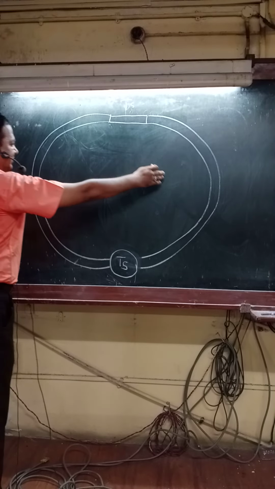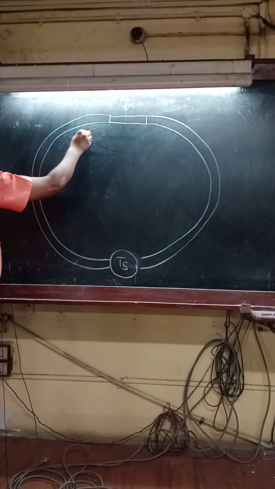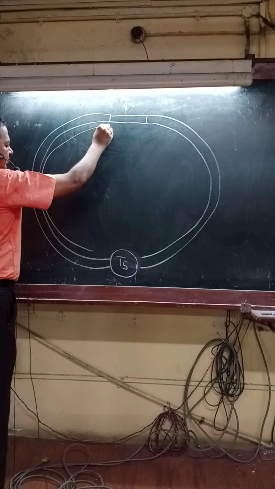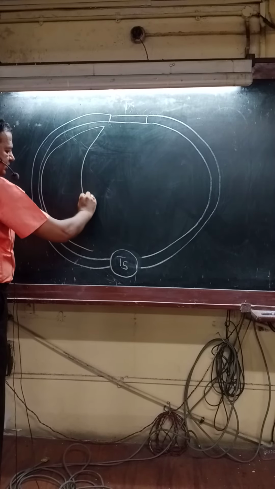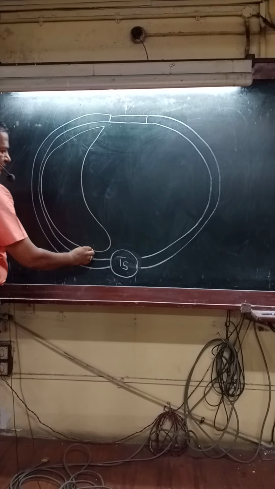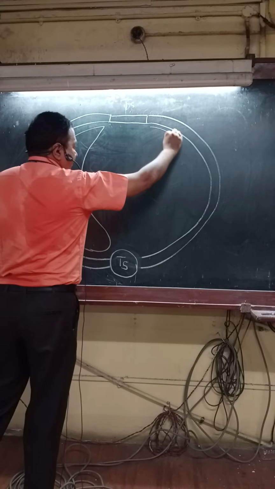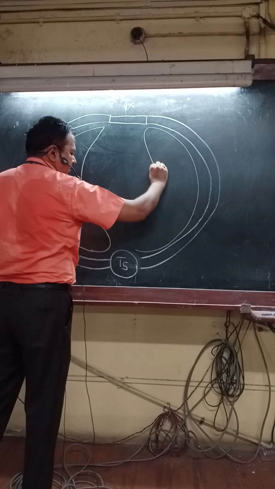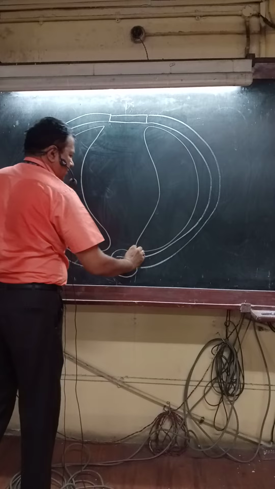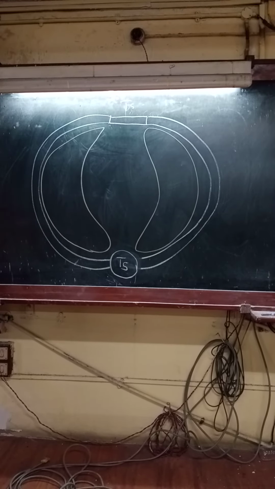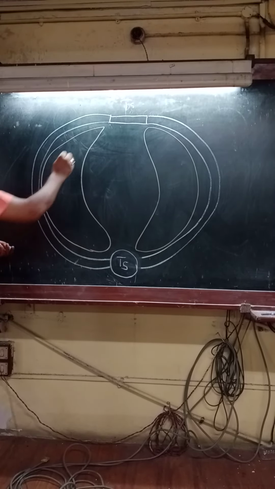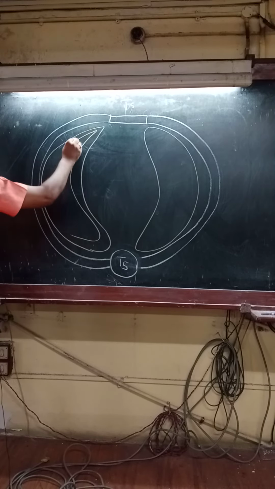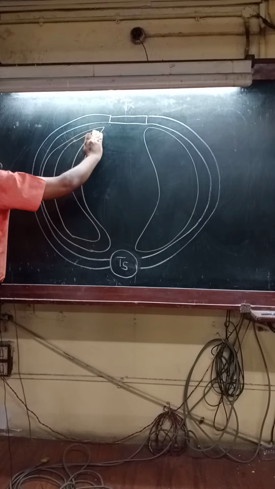On both the sides are lungs, but covered by pleura. This is the pleura. Inside the pleura is the lung.